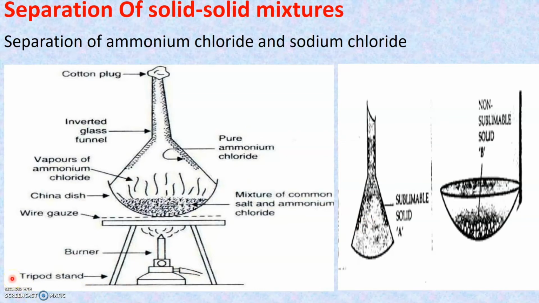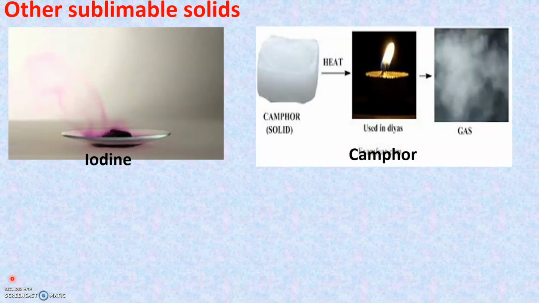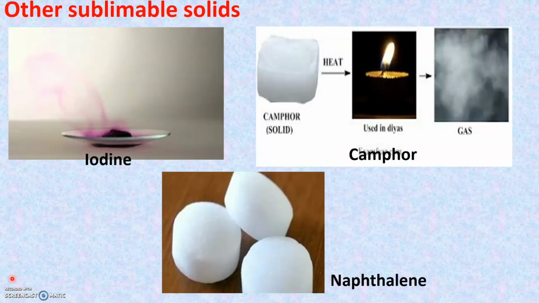Like ammonium chloride, a few other sublimable solids are iodine, camphor and naphthalene. As you see here, these solids on heating turn directly into vapor without being changed into liquid.